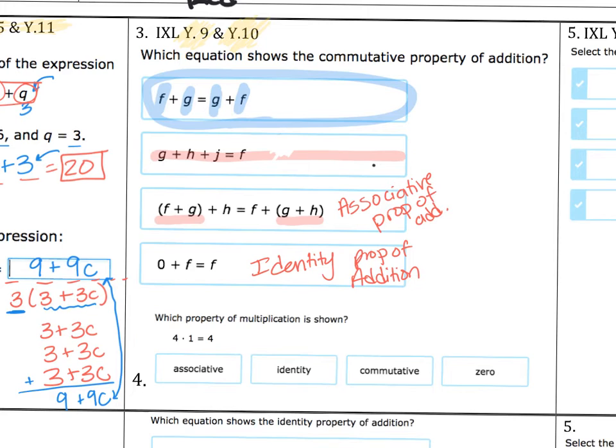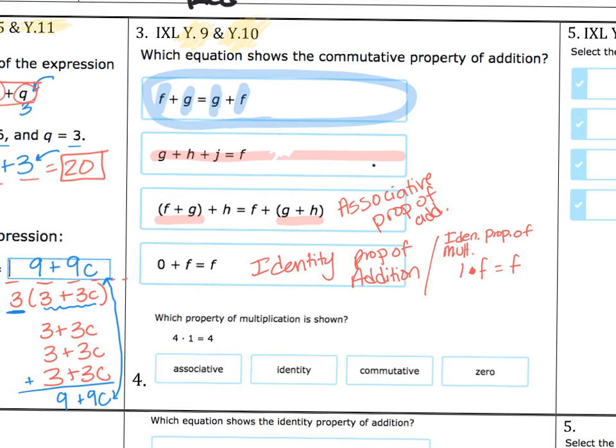And the identity property of multiplication, I'm just going to abbreviate everything, would be 1 times F equals F. So the identity of addition is when you add 0 to something, you're going to get the same thing.